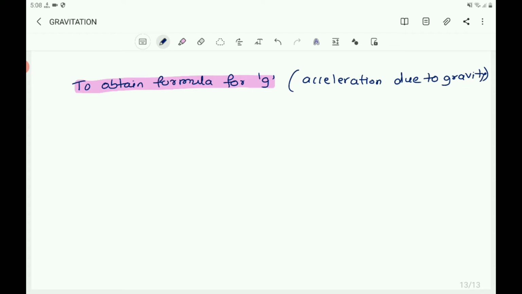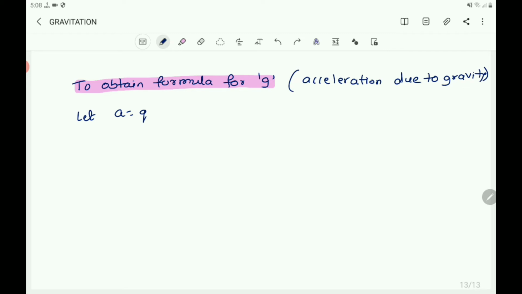So let us take m as the mass and a as the acceleration, but instead of writing a, let us write g because it is acceleration due to gravity. So let a equal g. Here acceleration is acceleration due to gravity.